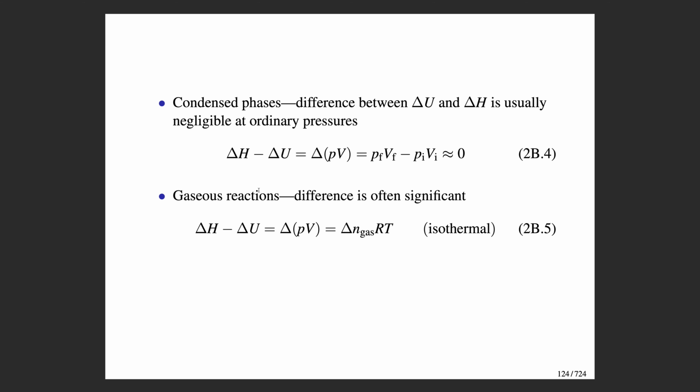For gaseous reactions, however, or any processes involving gases where the gas is a compressible fluid, here the delta PV term is usually very significant. And if you've got an ideal gas under isothermal conditions, for example, if you're talking about a gaseous reaction, you can write this delta PV term as the change in the number of moles of gas times R times T. And so just depending on the chemical reaction, this may be a number like 2 or 3, something like that.